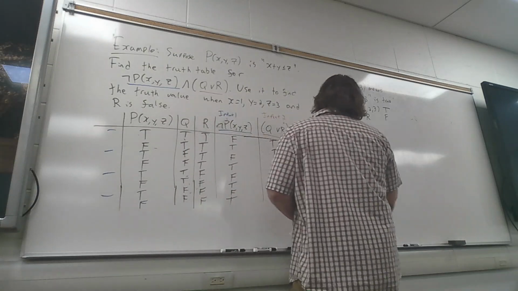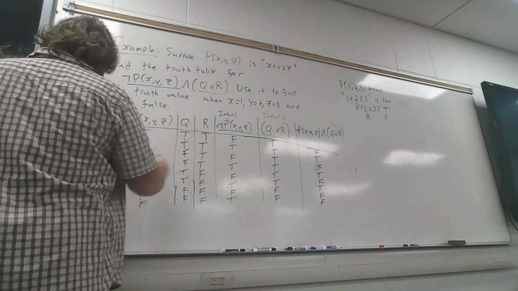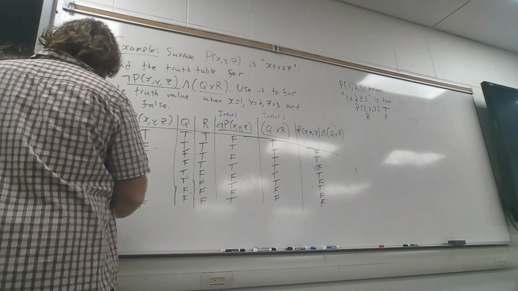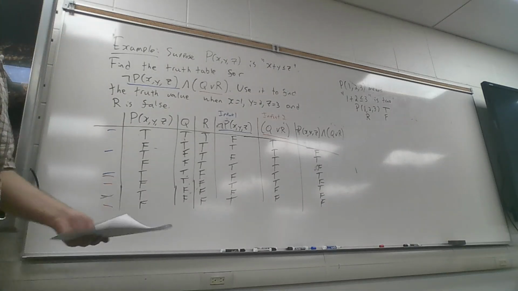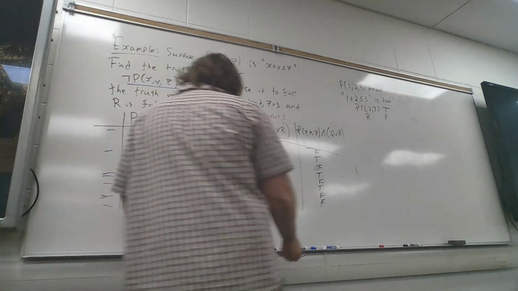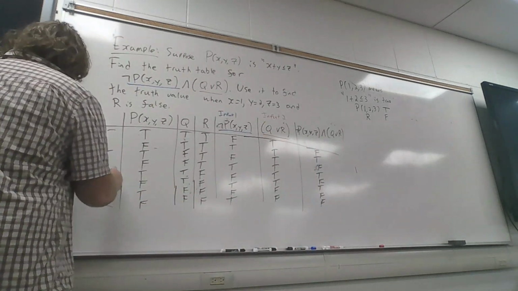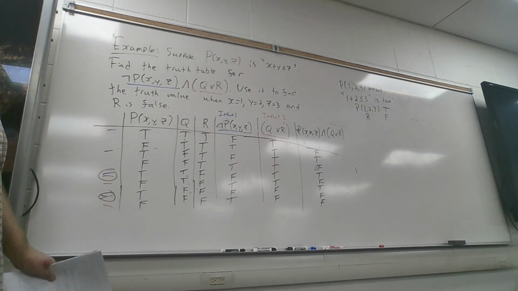When is R false? So here, here, here, and here. Well, where the blue and red are, or where we have double lines like this and like this, those are the only two situations where they overlap.